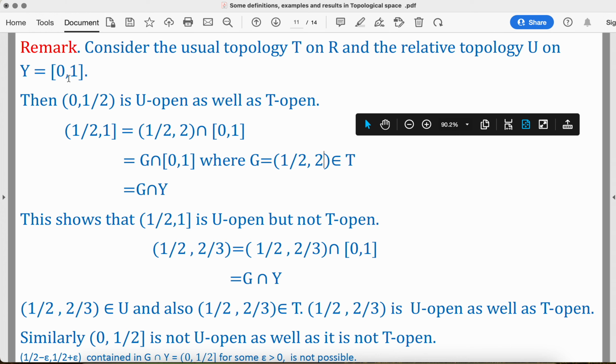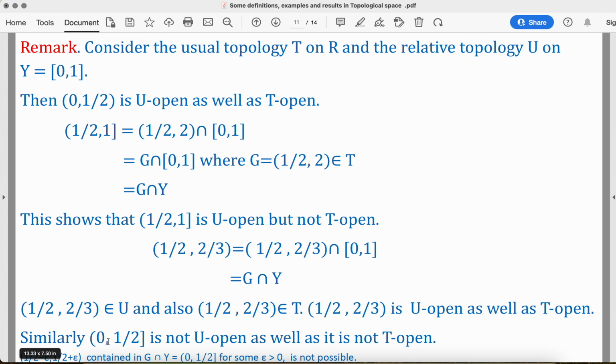So it is U open but not T open. Similarly, if we consider 0 to half, it is closed at half, it is not U open as well as not T open. Because half minus epsilon to half plus epsilon contained in G intersection Y is equal to 0 to half, for some epsilon greater than 0, is not possible.